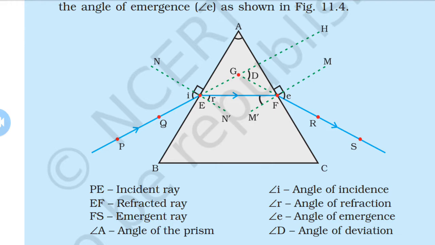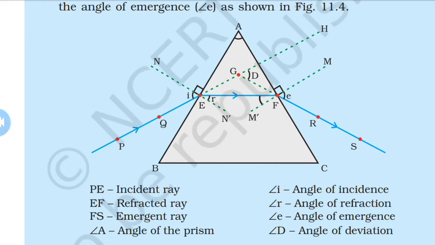Okay, so here PE is the incident ray, EF is the refracted ray, and FS is the emergent ray. Here a ray of light is entering from air medium to glass medium at the first surface AB. The light ray on refraction has bent towards the normal. At the second surface AC, the light ray has entered from glass medium to air medium and hence it has bent away from the normal.